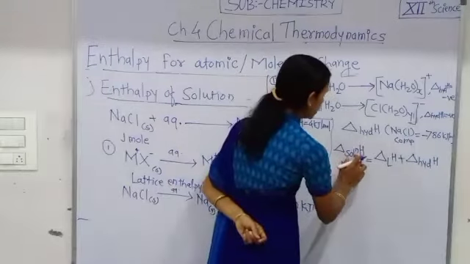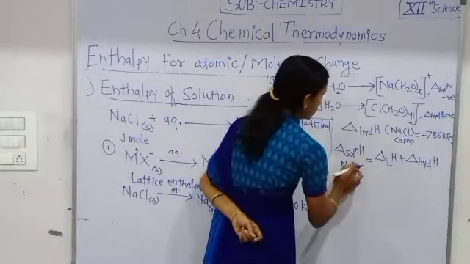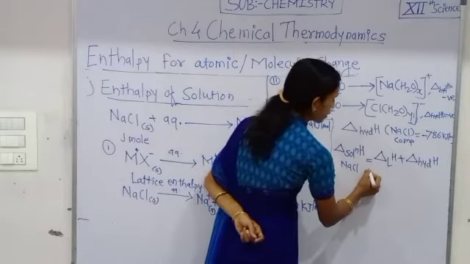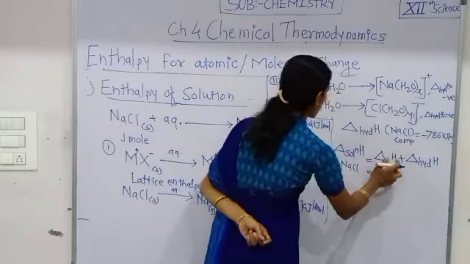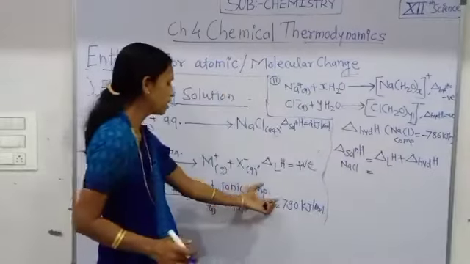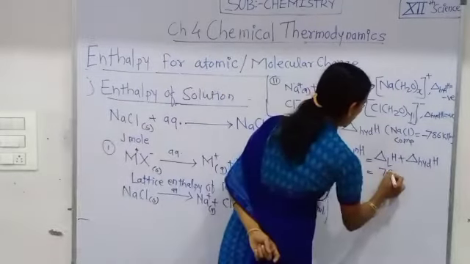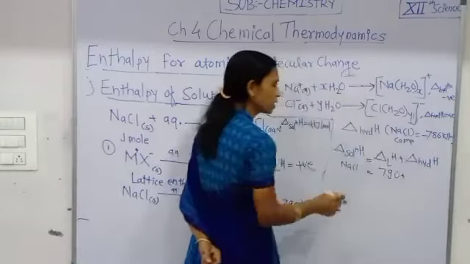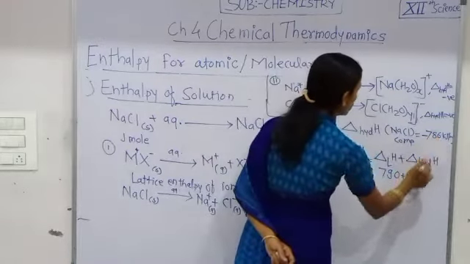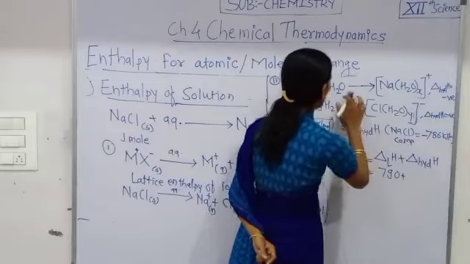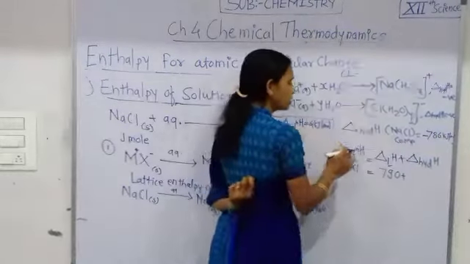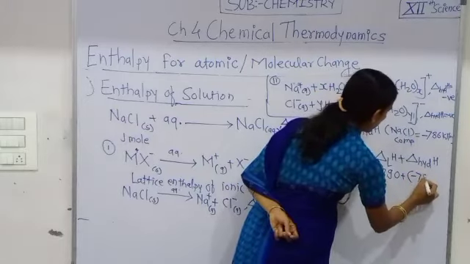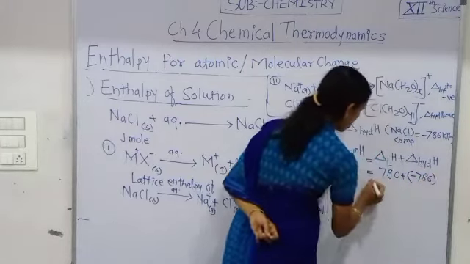Therefore, the enthalpy of solution of NaCl is the lattice enthalpy, 790, plus the enthalpy of hydration of the Na plus and Cl minus ions, minus 786 kilojoule per mole.